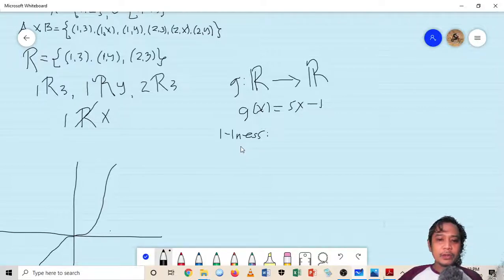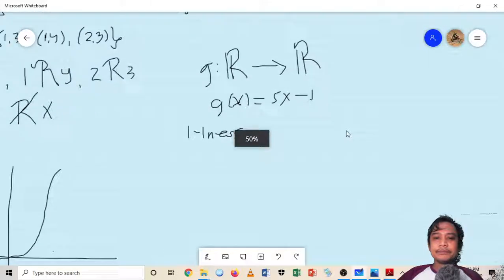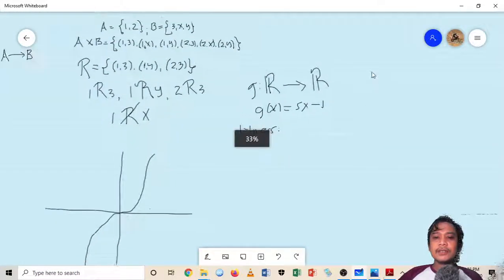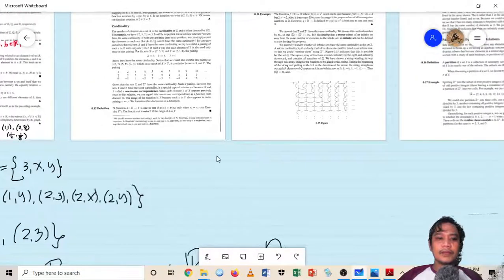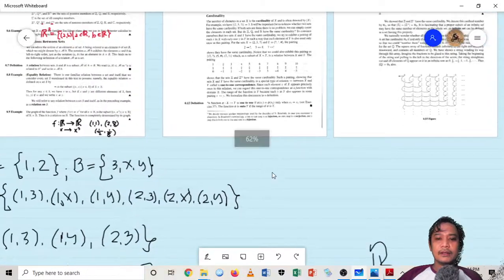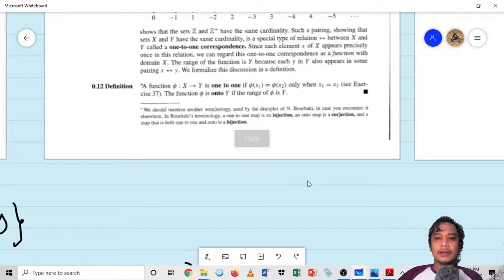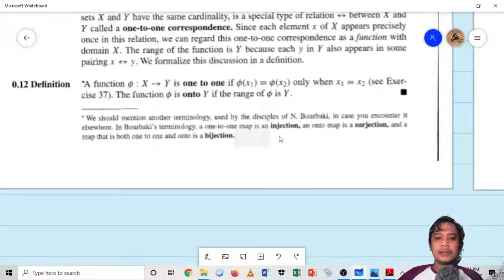So, in proving 1 to 1-ness, again, if we go back to the definition, we would say that the function is 1 to 1 if the image of x sub 1 equals the image of x sub 2 should imply that x sub 1 is the same as x sub 2.